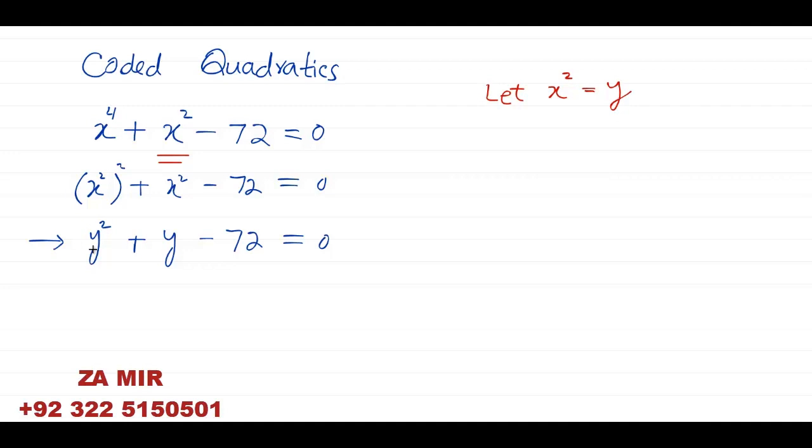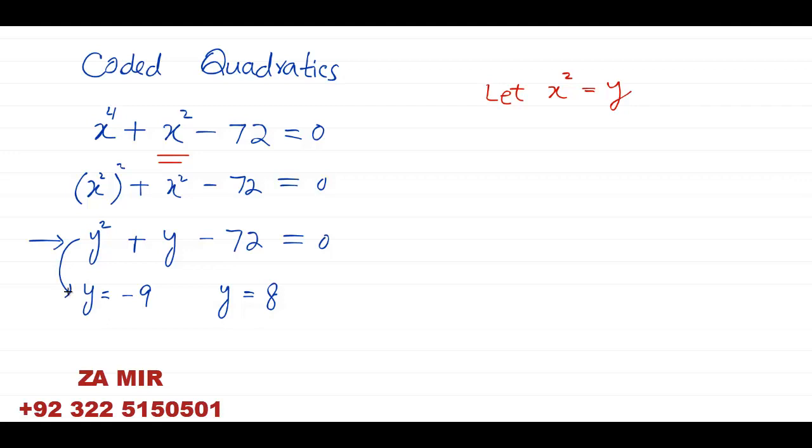Now using any method, we will find the values of y. Therefore the solution is y is equal to minus 9 and y is equal to plus 8. These are the values of y which we have obtained from this equation.